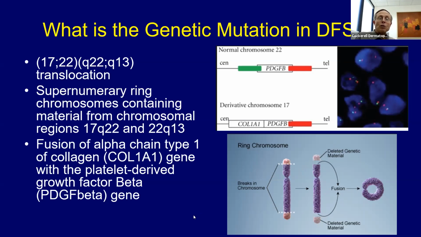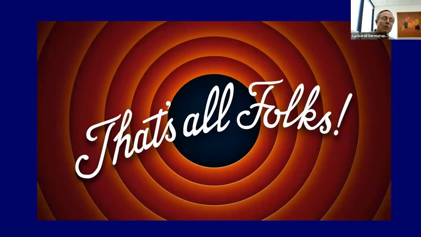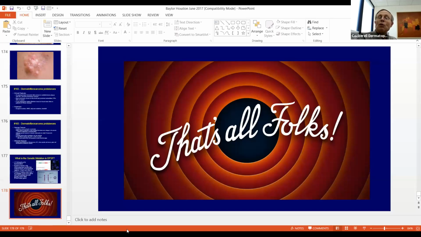So make sure that you're aware of this gene mutation here in DFSP. That's one of the few things that they might ask you about here. And I think if you know these various things, you'll get some points on the board. This isn't everything they're going to ask on the board, obviously, but it's a good sort of tip-off.